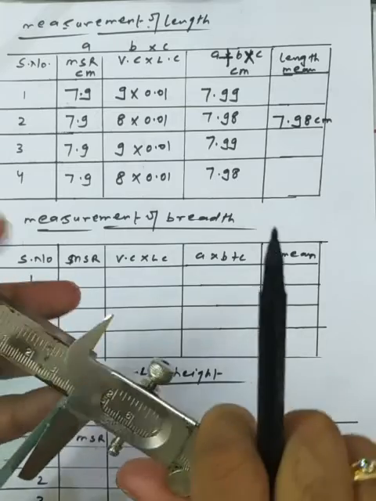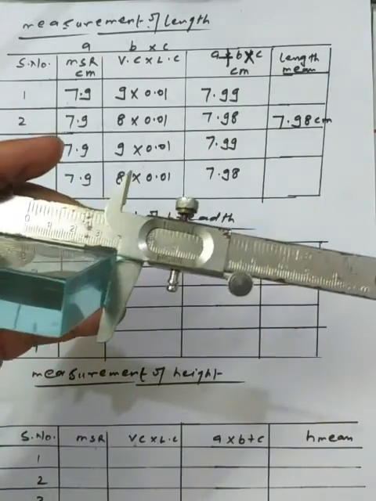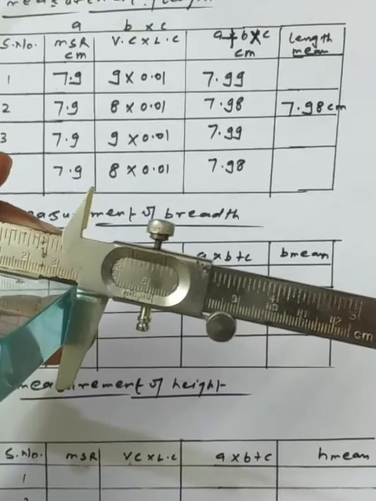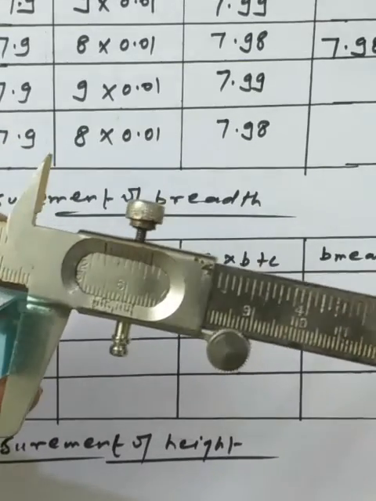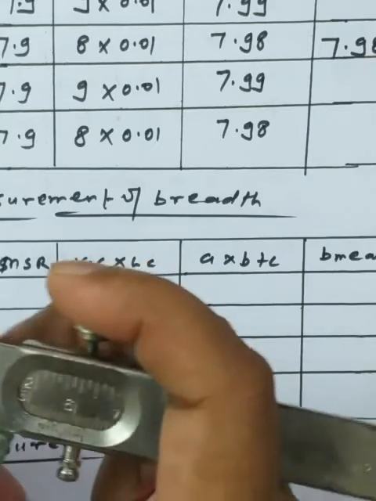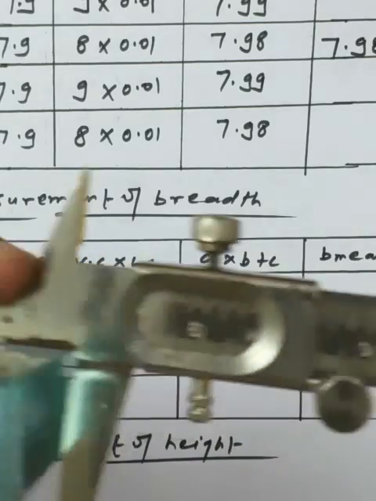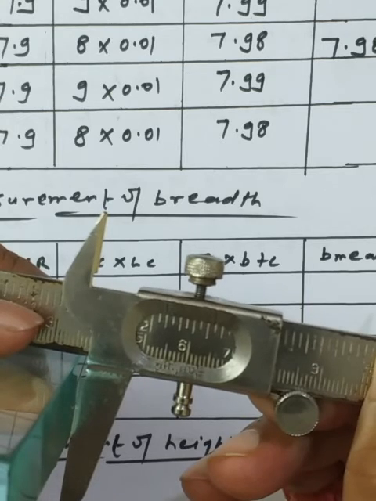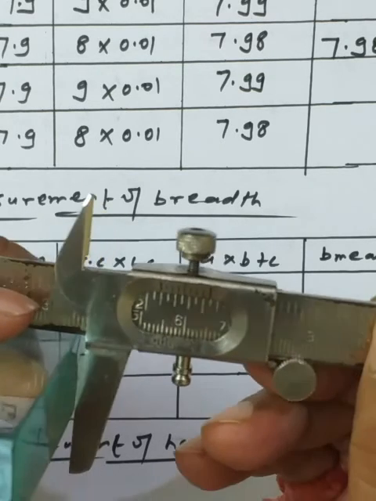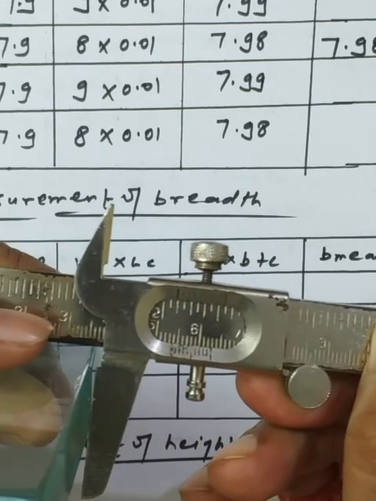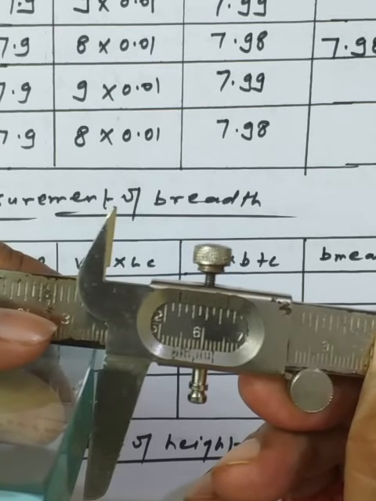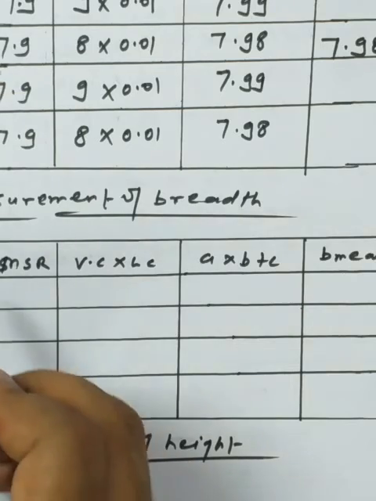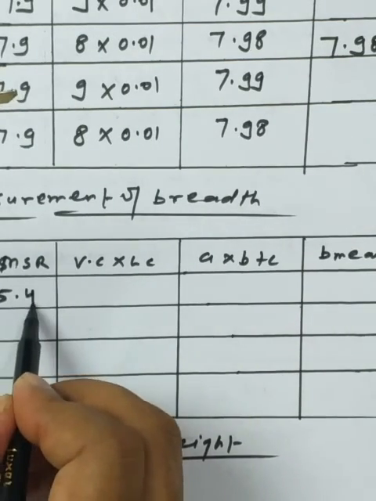Now as I am getting the main scale reading, I am finding the zero of the vernier scale comes after the 5, and it comes near about the 5.4. So the zero of the vernier line is matching with the 5.4. So the main scale reading for the breadth is 5.4.